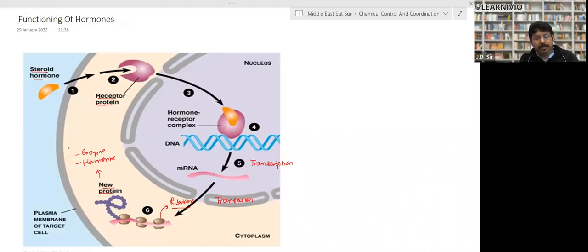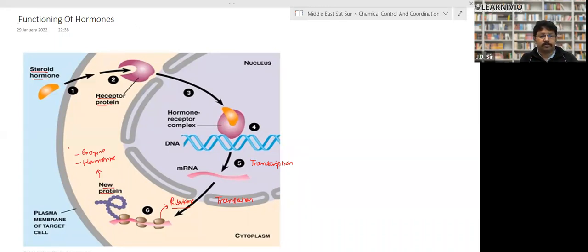This receptor complex reaches DNA and causes transcription, that is mRNA formation. Full stop.